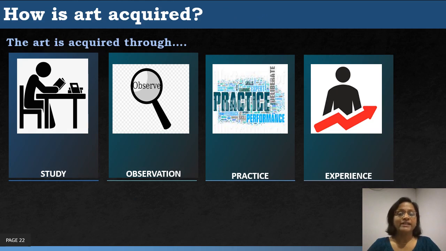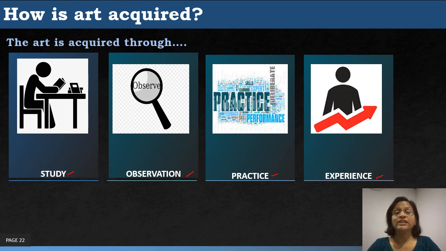Art is acquired through study, through observation, through practice, and through experience. Experience in performing. Like any other study, it has literature, theories, and principles to follow. One can learn any art form by observing.